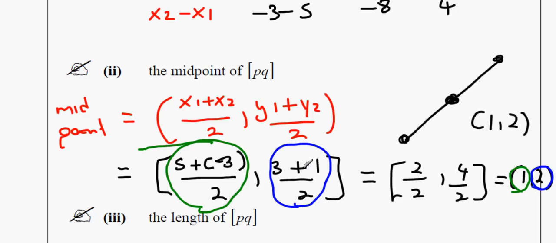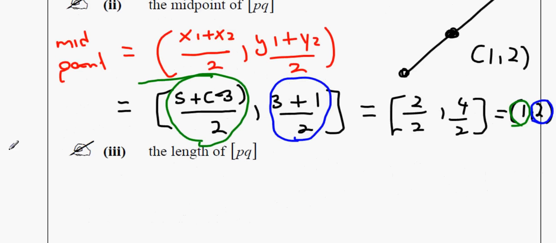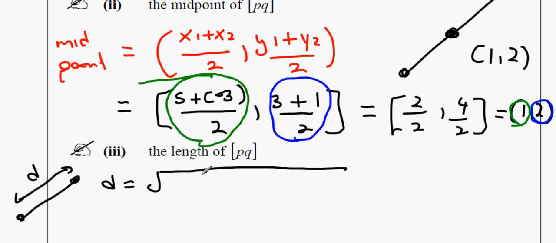Now the length of the line, which is basically giving us how long the distance is between 2 points. The formula for the length is going to be the square root of x2 minus x1 squared plus y2 minus y1 squared.